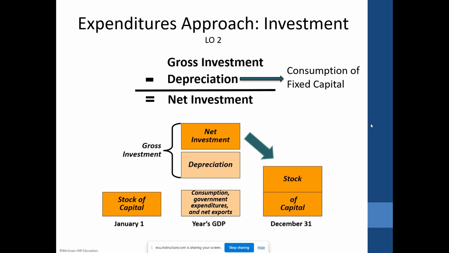The difference between gross investment and depreciation is net investment. This net investment expands the stock of private capital from the beginning to the end of the year, allowing the economy's production capacity to expand, assuming all other things equal.